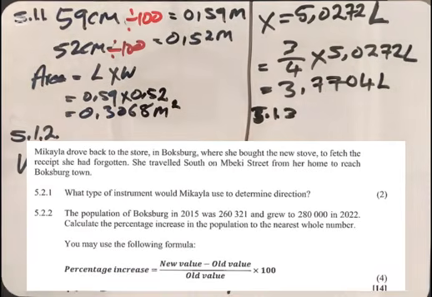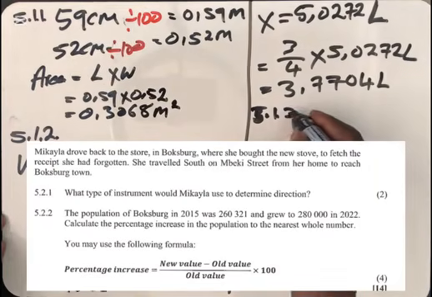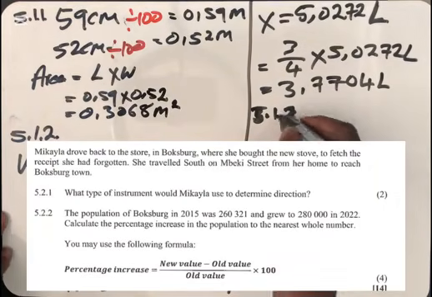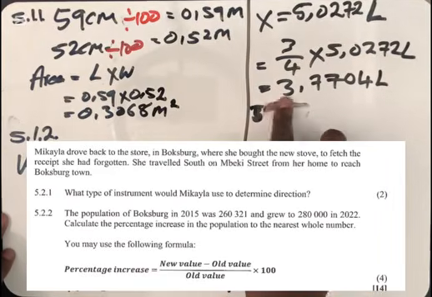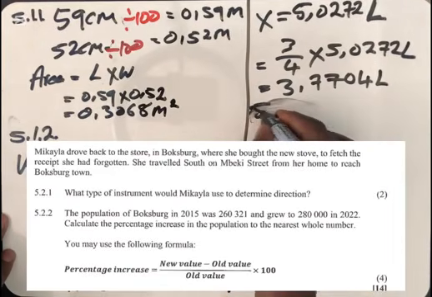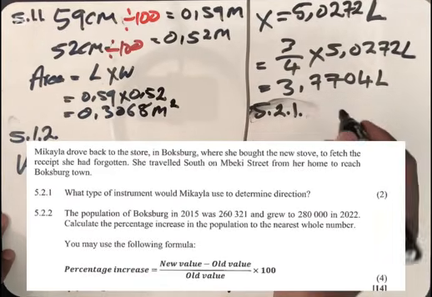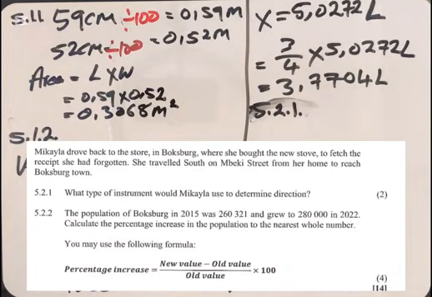Moving to the next question here, 5.2. We don't have 5.1.3, it's 5.2. 5.2.1, it says, Michaela drove back to the store in Boxbeck, where she bought the new stove.